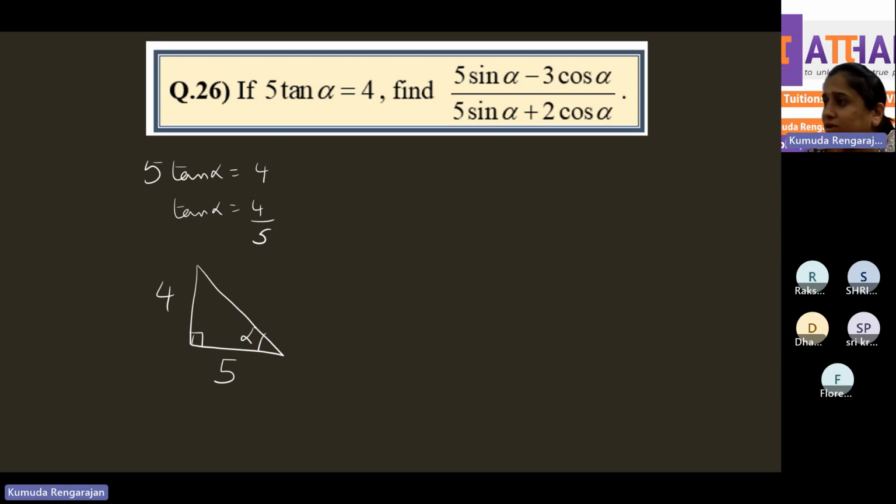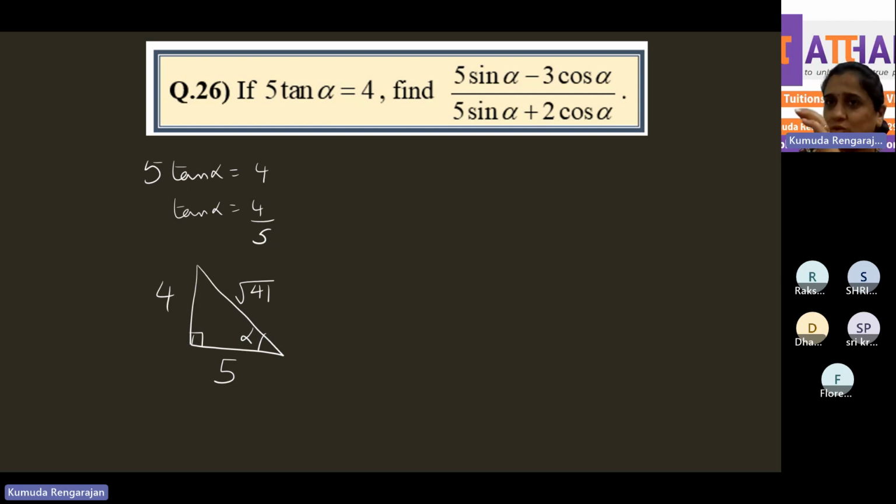So it will be 16 plus 25, which is 41. So this is going to be square root of 41. Now what is sin alpha? Opposite by hypotenuse, 4 by root 41. What is cos alpha? 5 by root 41. So find that and fill it in and evaluate.